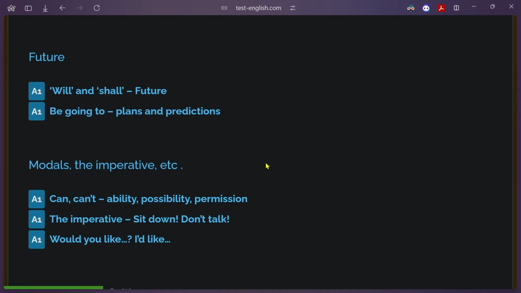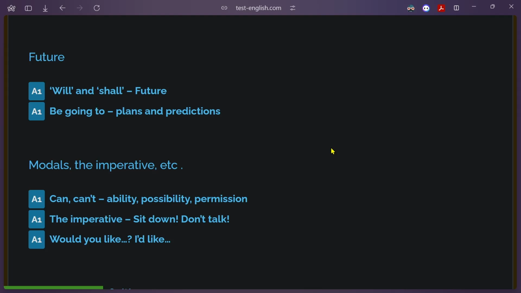Negative and questions. Future. Will and shall. I'm going to, when you have a plan, right? During vacation, we're going to India. We're going to do this. We're going to do that. It's a plan, right? I'm going to.